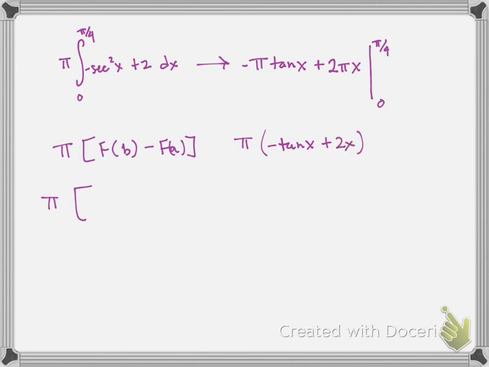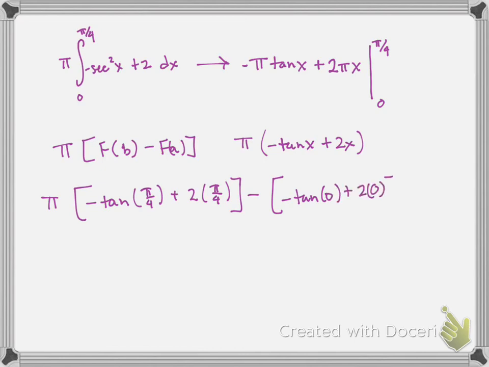So I get negative tangent at pi over 4 plus 2 times pi over 4 minus f at a, which f at a is going to be negative tangent at 0 plus 2 times 0.